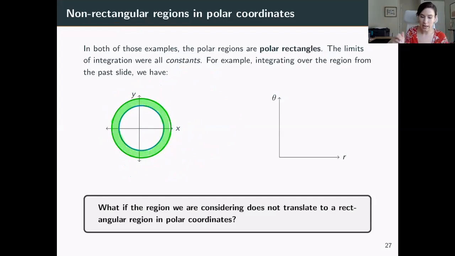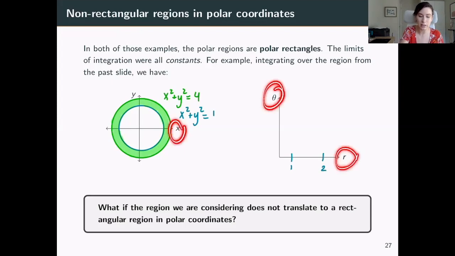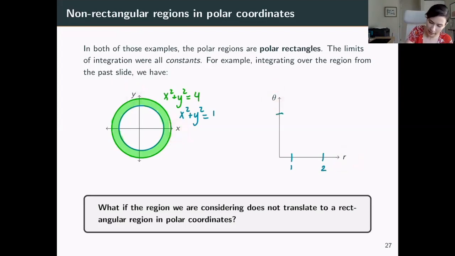So here we end up getting that, okay, I've got 1 to 2 because I have my x squared plus y squared equal to 4, and I have that x squared plus y squared equals 1. So this region, when I translate into the r and theta coordinates, being really careful of these variables, we're switching, again, 0 to 2 pi for my theta.